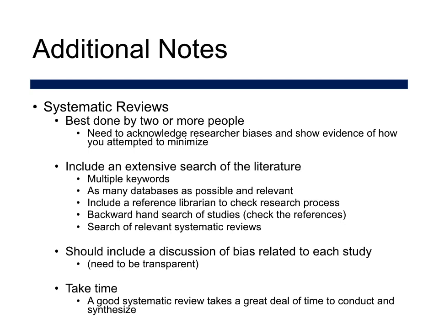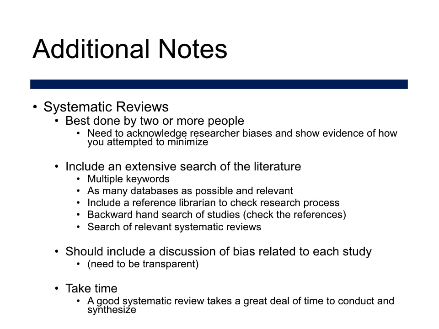Systematic reviews also include an extensive review of the literature. So just in our literature review process, you want to make sure that you're covering things like multiple keywords, looking at as many databases as possible, talking with a reference librarian to check your research process. They are a terrific resource and can certainly help with this.